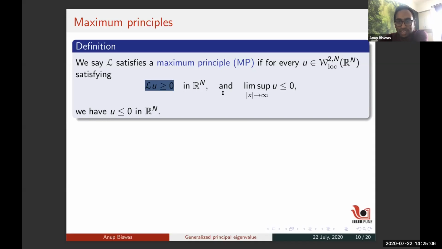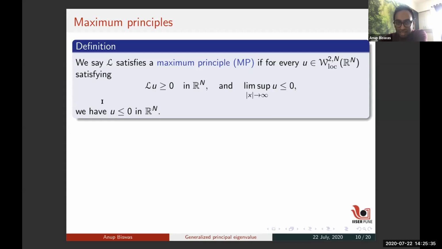Since the boundary is at infinity, you impose a condition that at infinity it is less than or equal to 0. If the maximum principle holds, then we should have u less than or equal to 0 in R^n. This is the extension of the maximum principle to unbounded domains. You start with a subsolution that is non-positive at the boundary, so the boundary is infinity, and then it has to be non-positive inside.